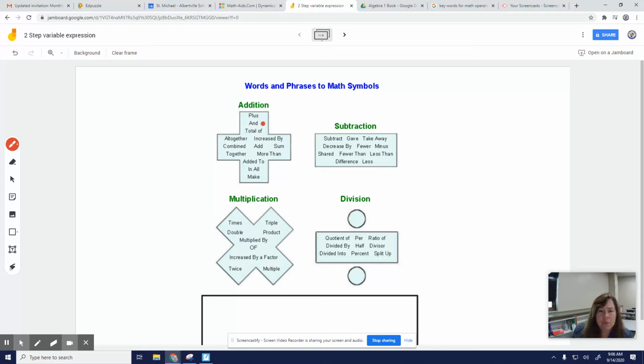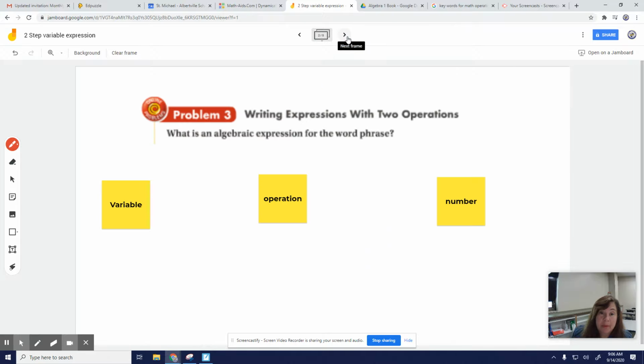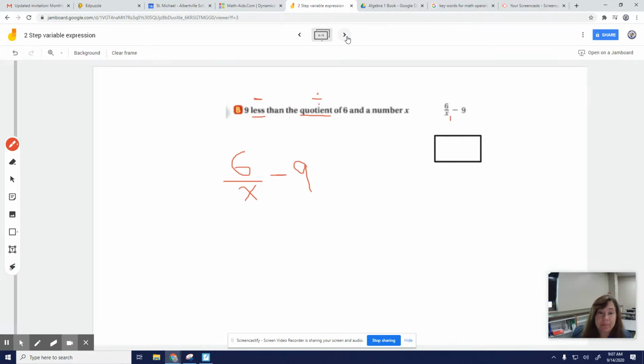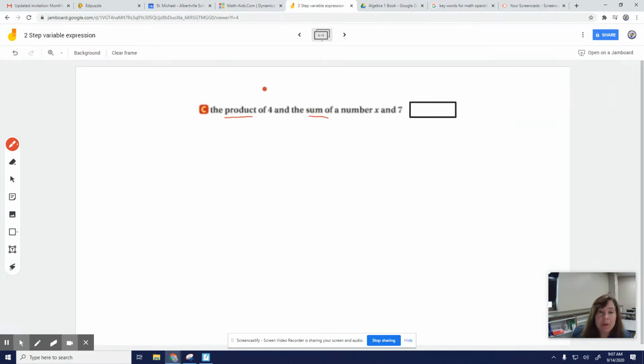So let's see here. Product. Multiplication. And sum. Where's the word? Oh, here's sum. Addition. So I'm multiplying and adding. Okay, so let's take a look. Product was multiplying.